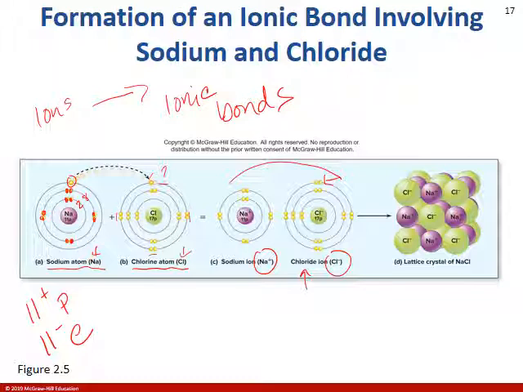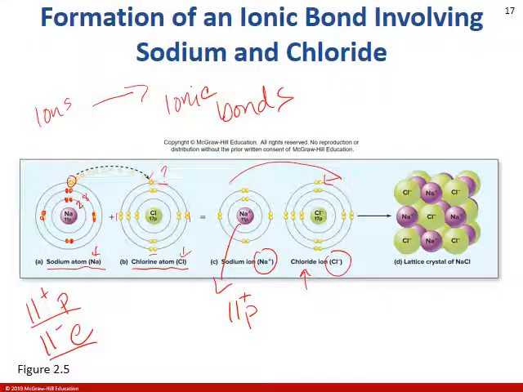So this is important. Why is it slightly positive? These are the why questions that we have to keep asking ourselves, right? It's not just rote memorization. Understand why. If I had 11 protons and 11 electrons, do I still have 11 protons? Yes, I have to, right? If the proton number changes, the element changes. All right, but what about the electrons?